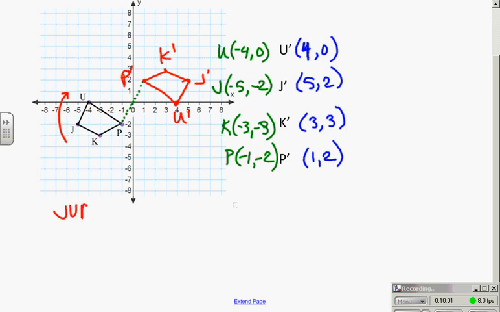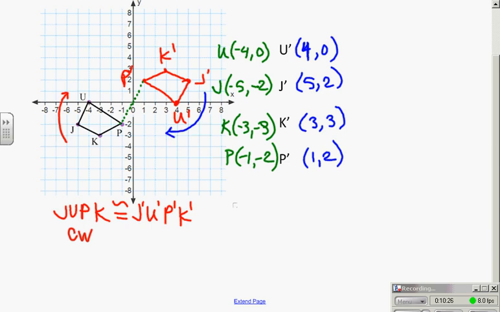So if I name this quadrilateral J, U, P, K, I'm going to do a clockwise orientation. That figure will be congruent because these are congruent. And remember when we do congruency statements, we always line up our coordinates. So they match up. J corresponds to J prime, U to U prime, P to P prime, K to K prime. That's actually easier now.